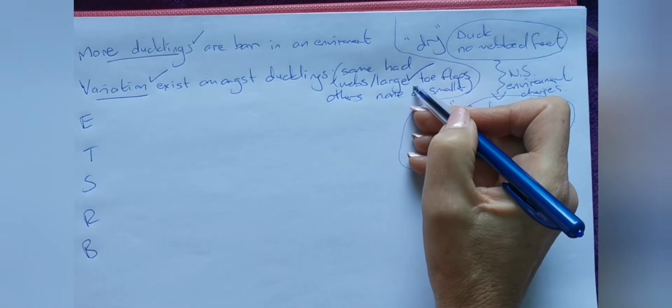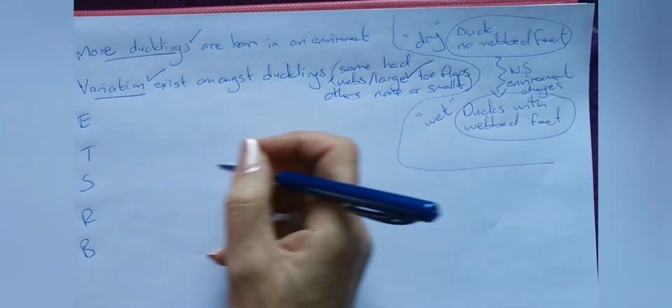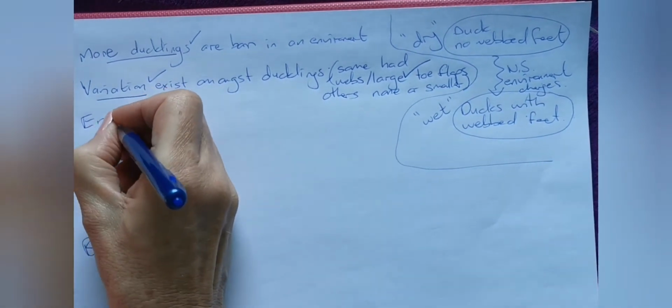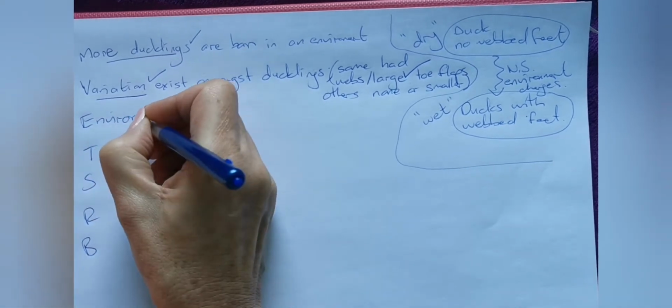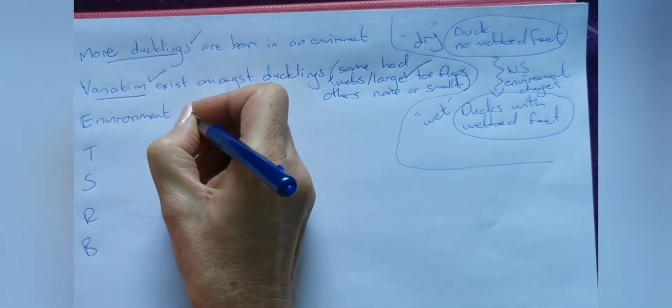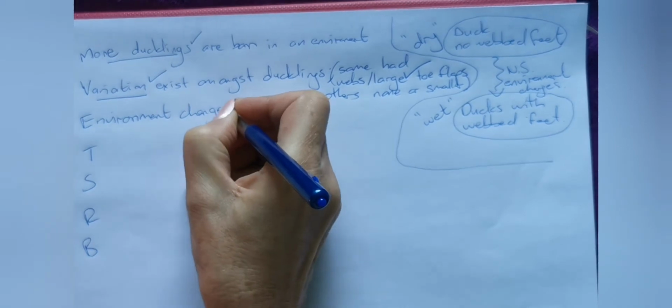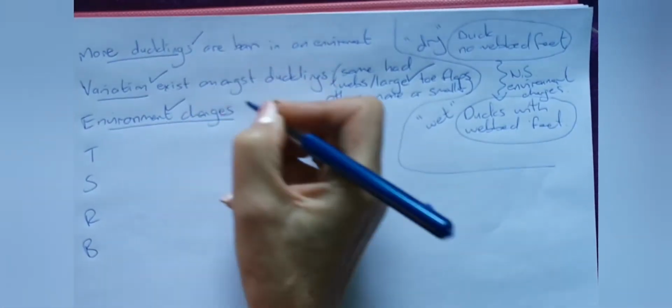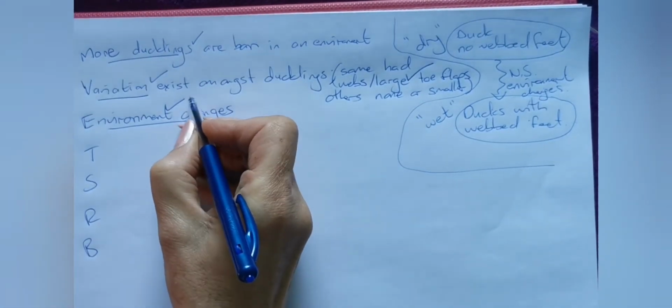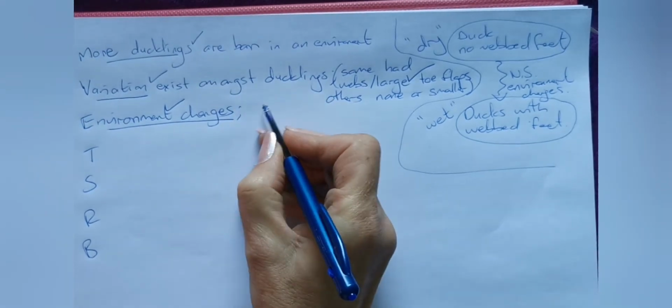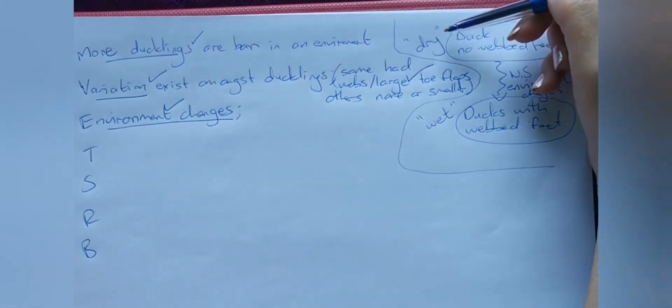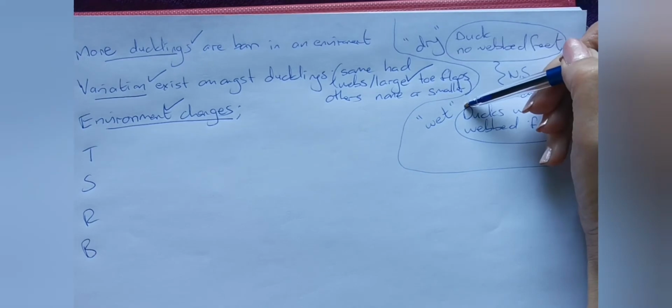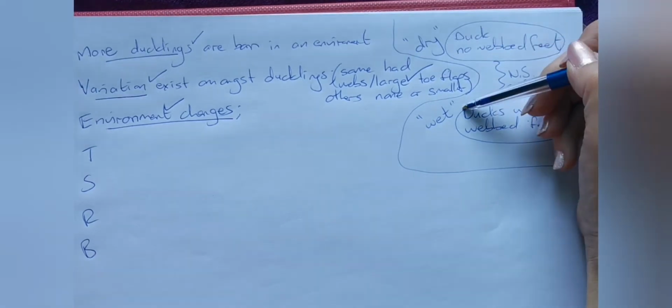Now, this information you get from the sources given. The E always stands for environment. So the environment changes. Otherwise, we're not going to have evolution happening. But again, we're not just going to get a mark for that. We actually need to say how it's changed. And we've already imagined it's going to go from a drier area to a wetter area.